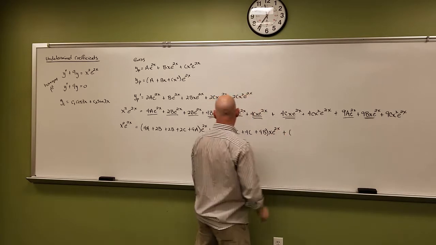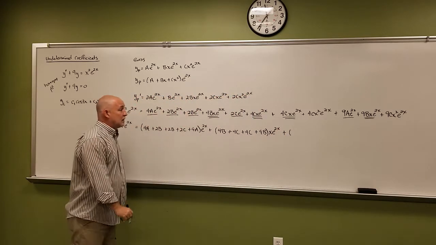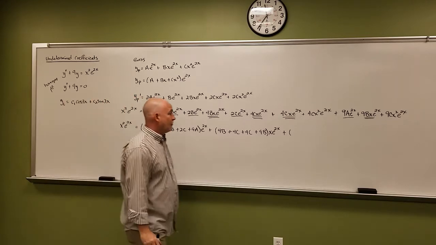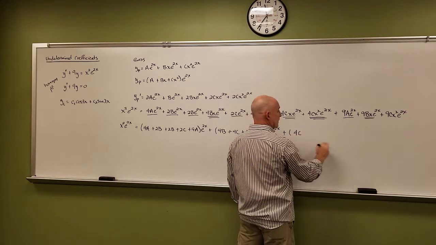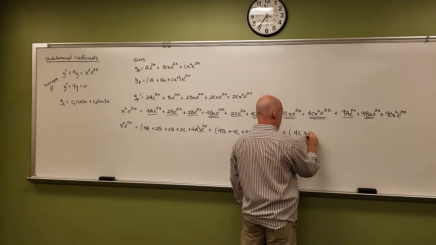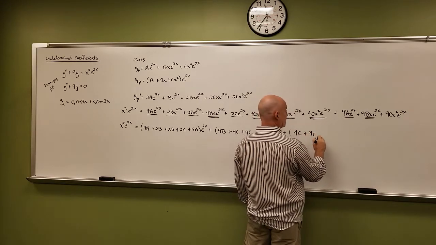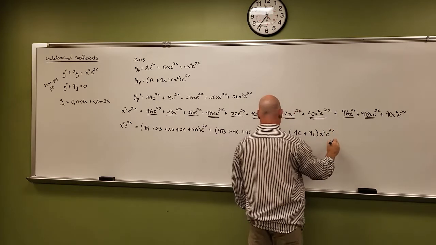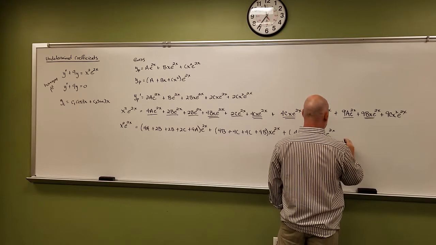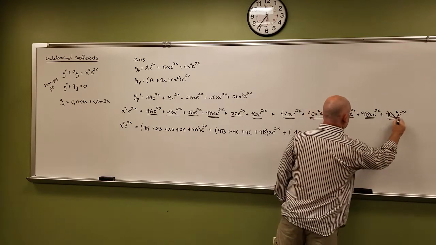So now let's look at how many x squared e to the 2x's I have. That would be this piece right here, that's 4c, and way over there, 9c x squared e to the 2x. All right, so is that all of them? Let's see.